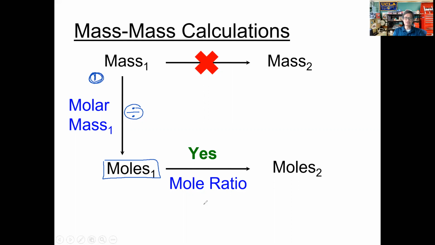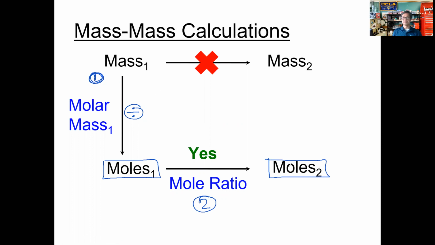The second conversion involves the mole ratio, and we'll get to moles of compound 2. So 2 conversions so far. Now, the question is not about moles. We still need to weigh out how much product we're going to get. At the end of the second conversion, we're only at moles.